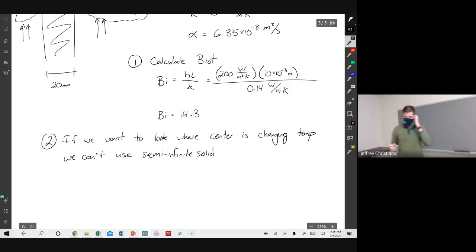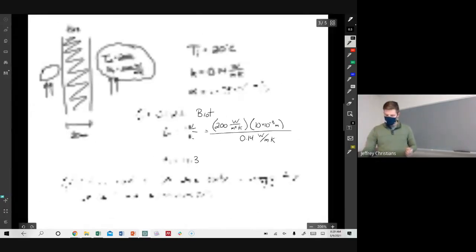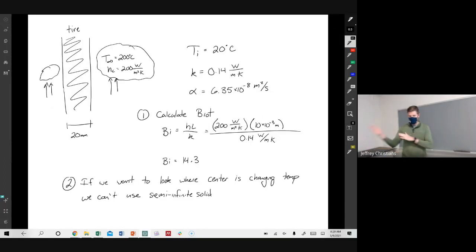So that model is kind of by definition going to fail when the temperature in the center starts moving. So this gives us kind of like our two checks for our more basic models. Does the lumped capacitance model work? No, the Biot number is too high.